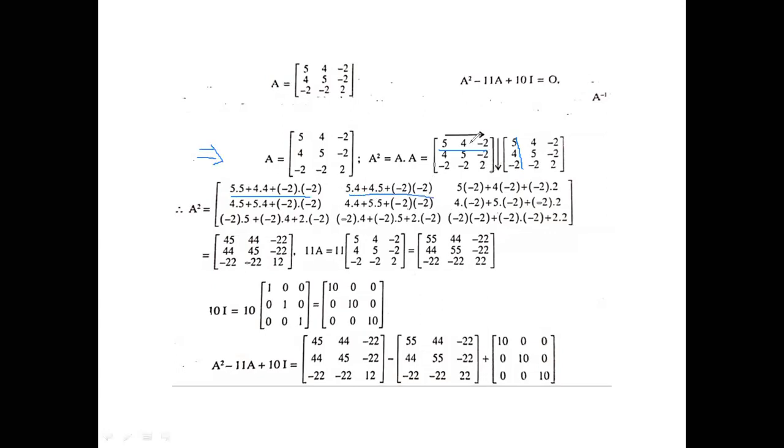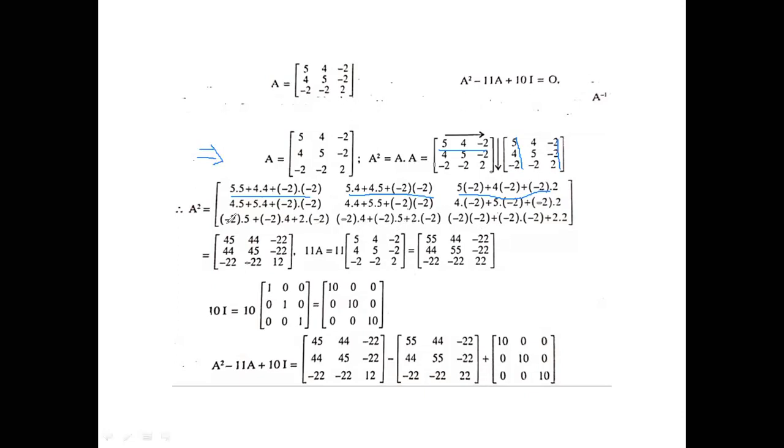Now, first row, third column. So 5 multiplied with minus 2 plus 4 multiplied with minus 2 plus minus 2 multiplied with 2. So we get this element. In this way, we get all the 9 elements.